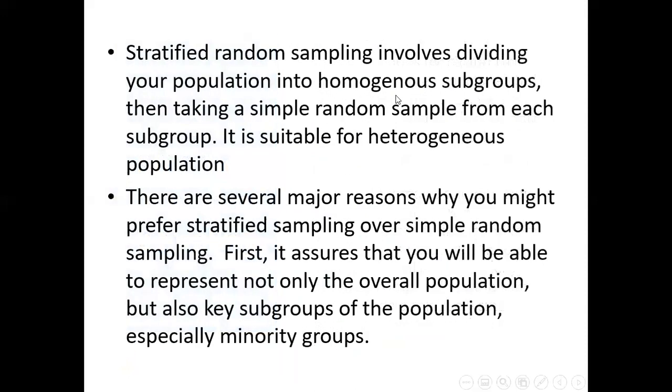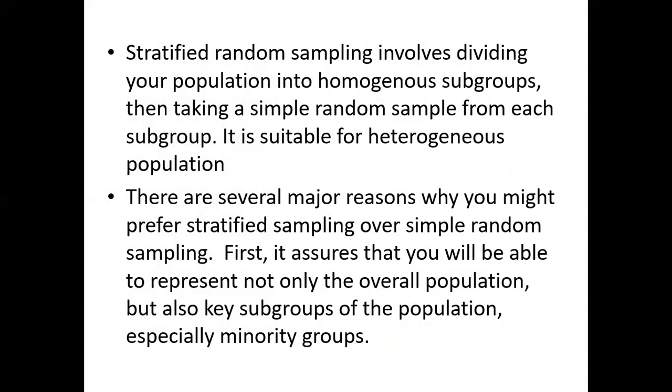Stratified random sampling involves dividing your population into homogeneous subgroups, then taking a simple random sample from each subgroup. It is suitable for a heterogeneous population. There are several major reasons why you might prefer stratified sampling over simple random sampling.